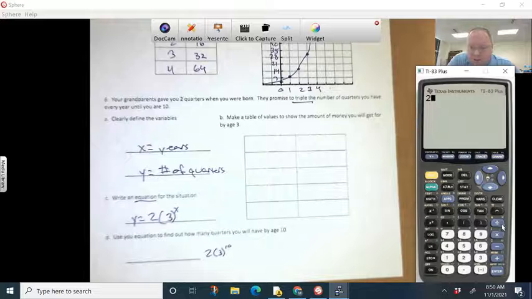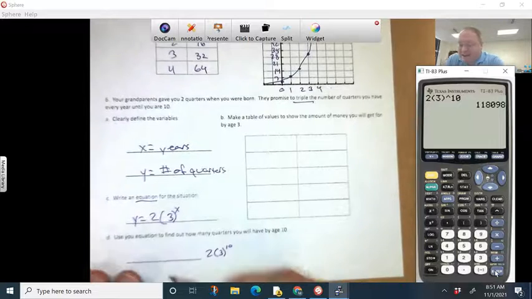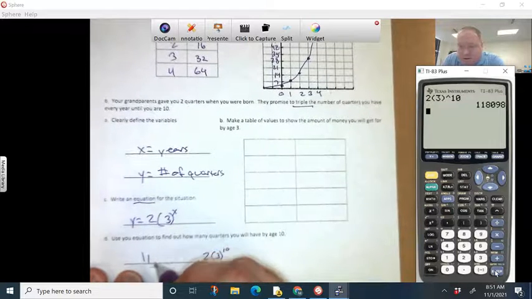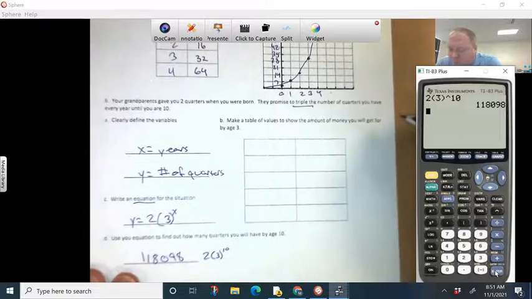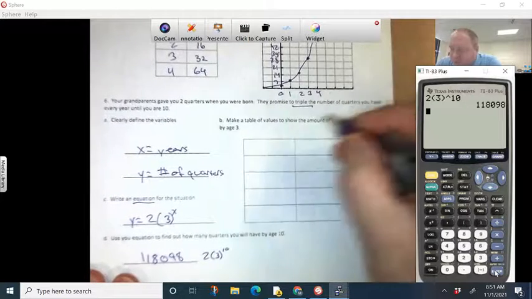Okay. 2 times 3, to the 10th. That's going to be a lot of quarters, folks. 118,098 quarters. That's a lot of quarters.